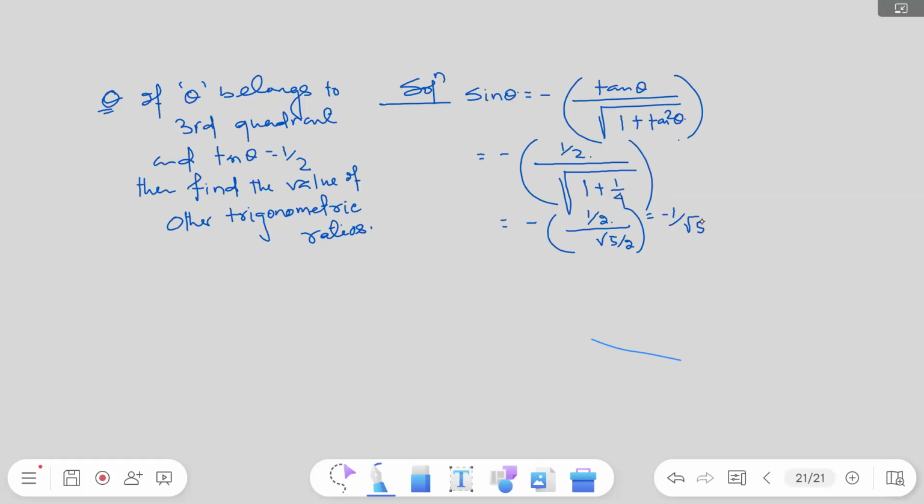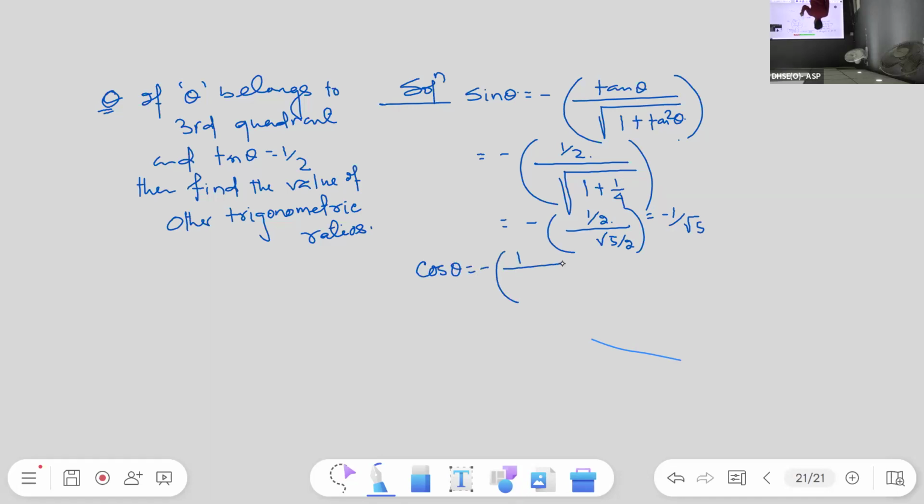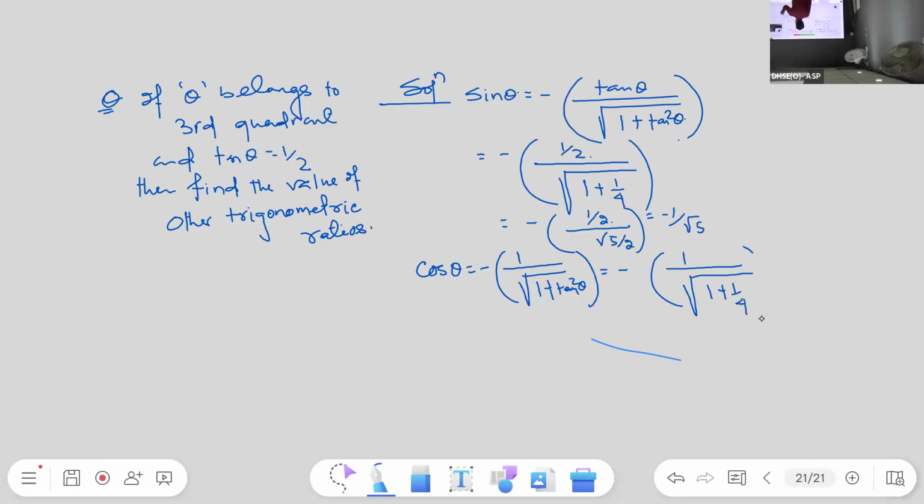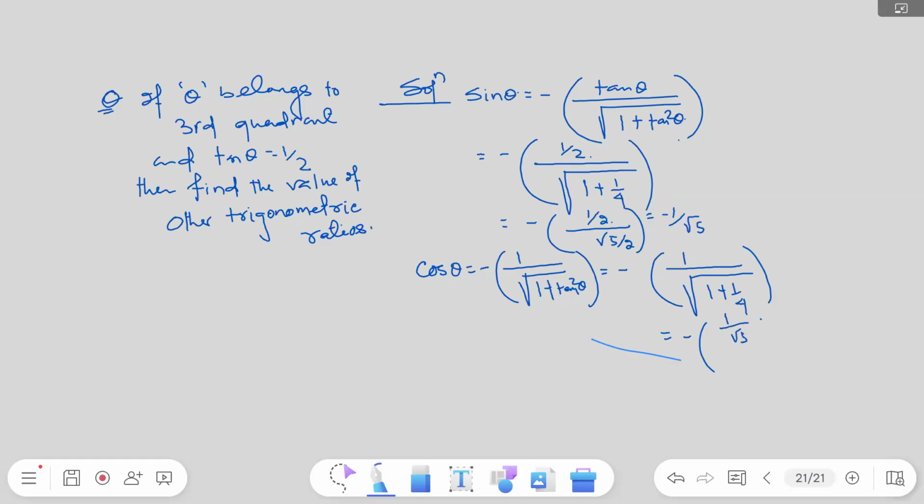In third quadrant, cos is also negative. Cos theta is equal to minus of 1 upon under root 1 plus tan square theta, which is minus of 1 upon under root 1 plus 1 by 4, equal to minus of 1 upon root 5 upon 2.